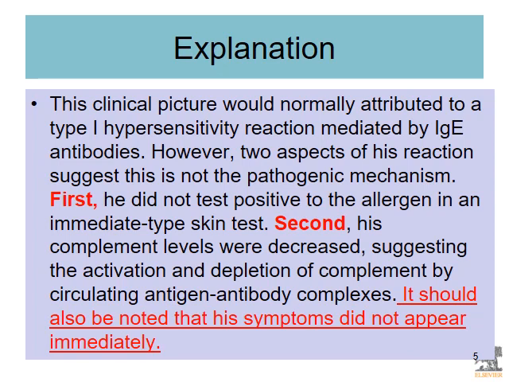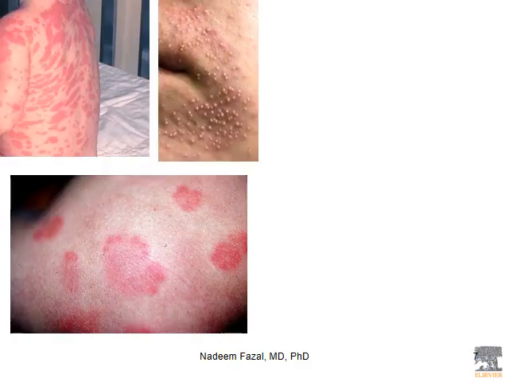Right? And then again, you also saw it took a little bit of time for these symptoms to appear. So many times when you see the patient, especially in the ER, it's a difficult scenario for you to figure out.